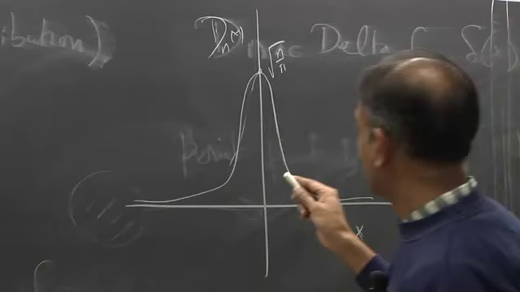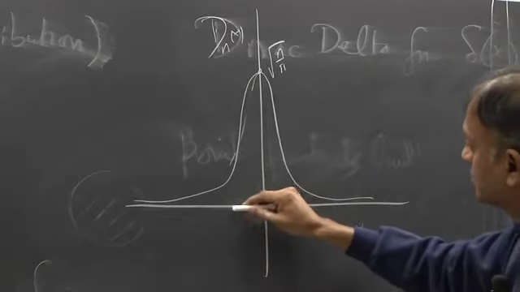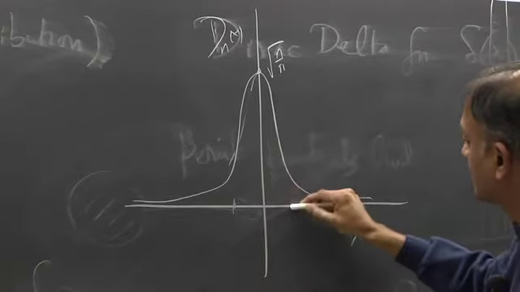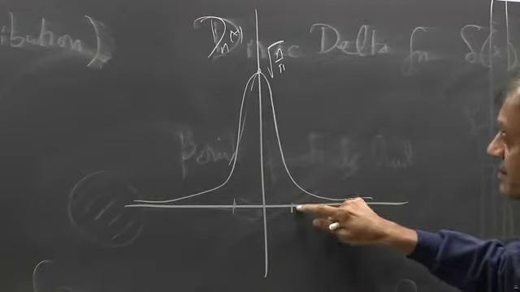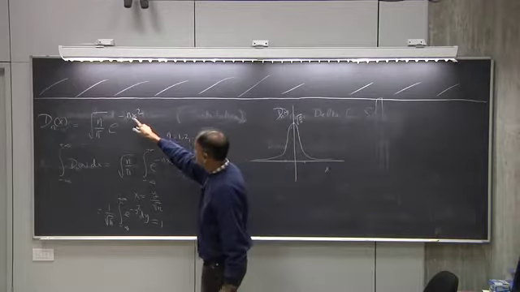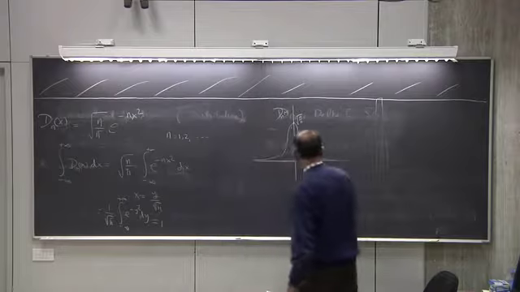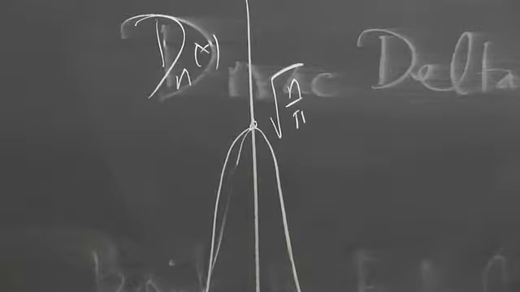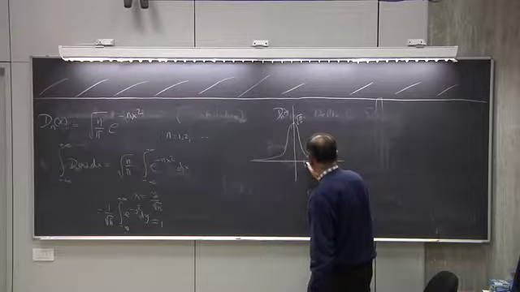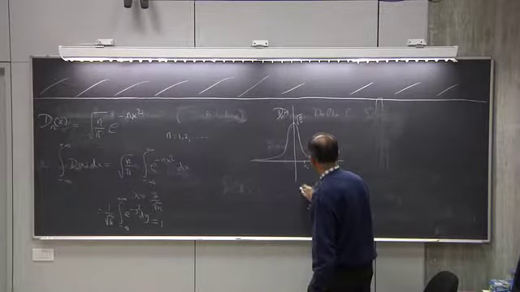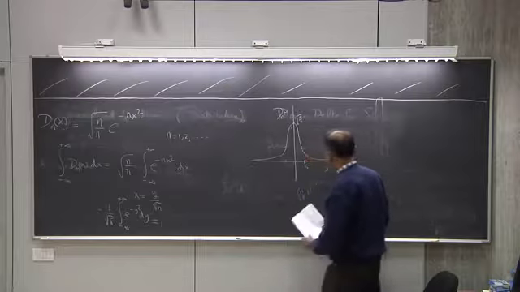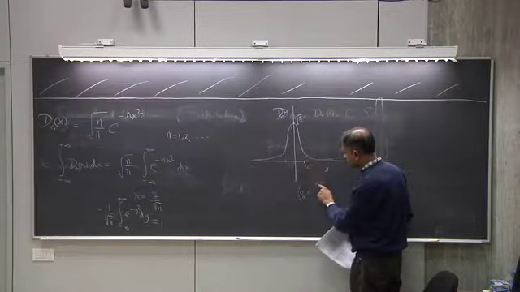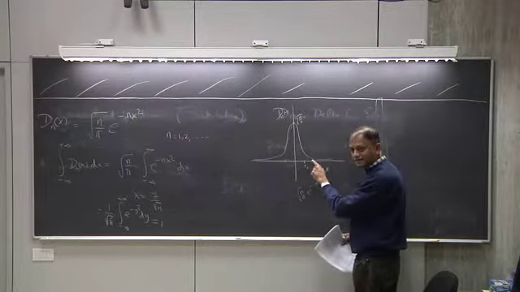For example, take some particular point, let's call it x naught. The value there is simply root n by pi times e to the minus n x naught square. Now I keep x naught fixed and start increasing n.